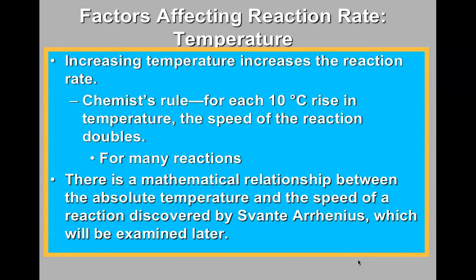And there is a relationship we can look at between absolute temperature, Kelvin, and the speed of reaction by Arrhenius. We'll look at that equation a little bit later. You don't have to do any calculations for it, but it does show why temperature can affect reactions.